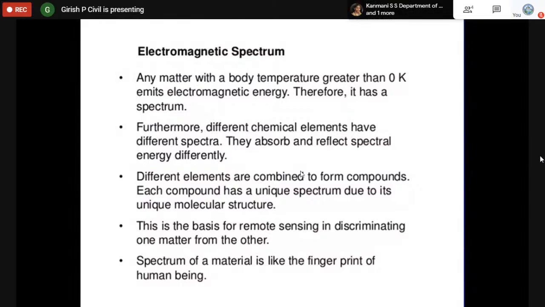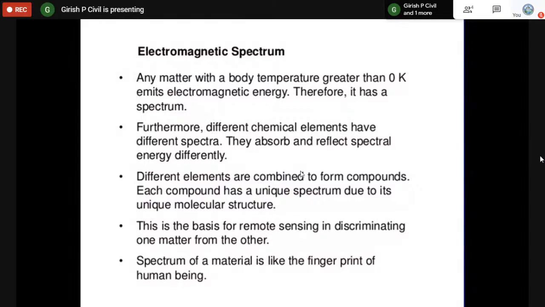Frequency is the number of wave cycles passing from a fixed point to another point, and it is measured in hertz. EMR is always considered a transverse wave with electric and magnetic fields at right angles to each other.